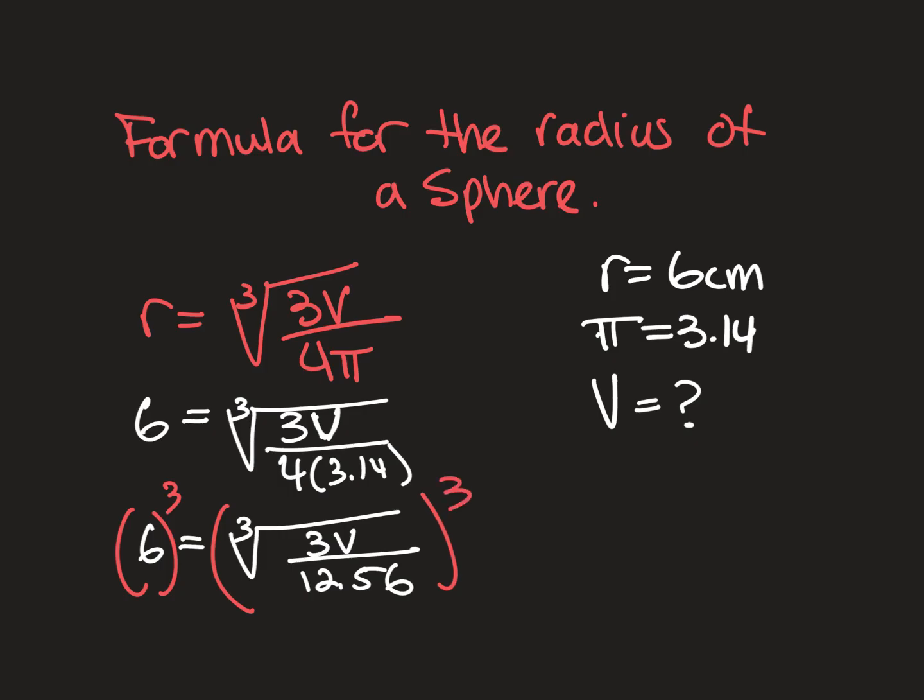So 6 cubed is 216. This cancels. And now it's just regular algebra. I'm going to do 216 times 12.56.